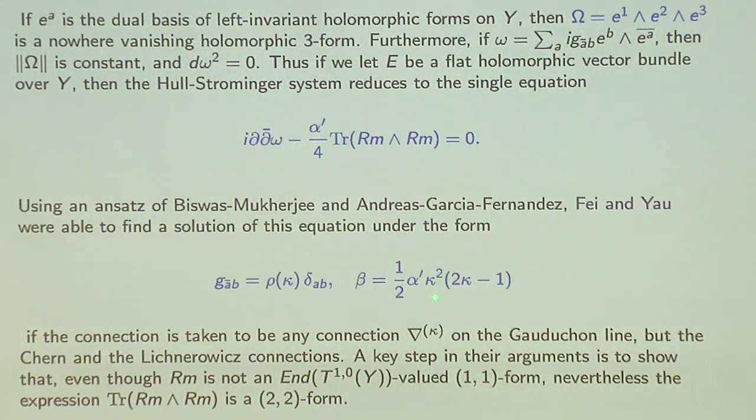And so you see that except for kappa equal to 0, which is the Chern connection, and kappa equal to a half, which is the Lichnerowicz-Ricci, then for anything on the Gauduchon line, you do have a solution. And the key step in the arguments is that if you look at this equation, you can worry a little bit, because Riemannian is not a 1-1 form, but their key discovery is that this is still a 2-2 form.